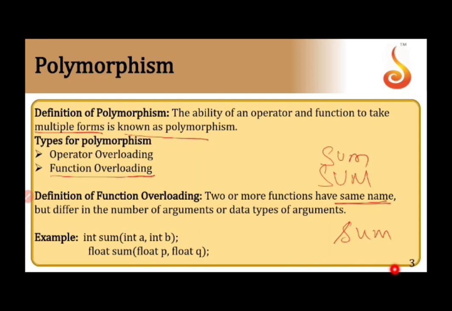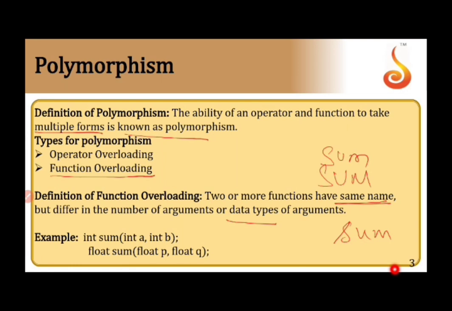So when I say same name, it also means the spelling, the case, everything has to be same, but they should differ in the number or the type of the arguments passed. When I say type, it means the data types, that is the number, the data type and the order in which the arguments are passed.